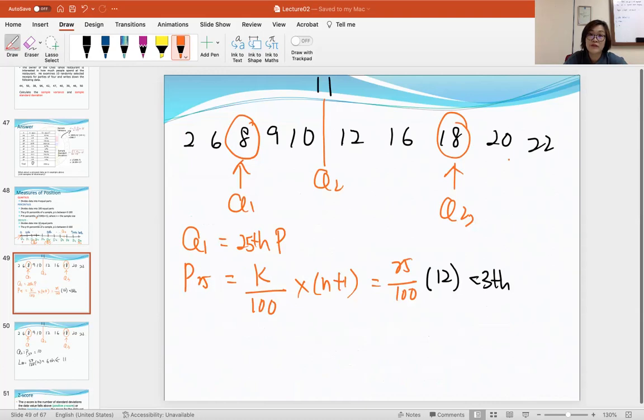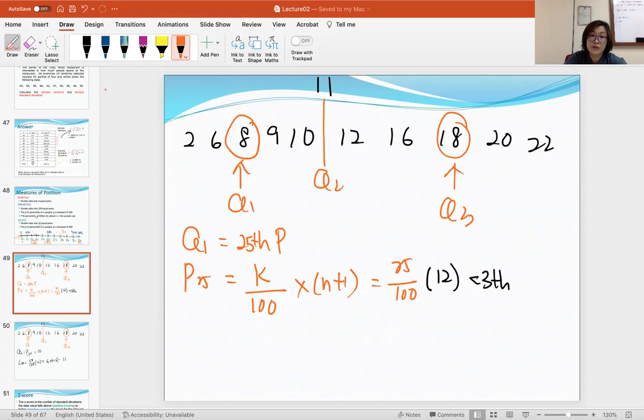I arrange them first, and then I divide to find the median. Okay, so the median is 11. And then from here, I divide into 2 again. So my Q1 is 8. Q1 also equals the 25th percentile. And then from there, I find my Q3. Then I check the 25th percentile.